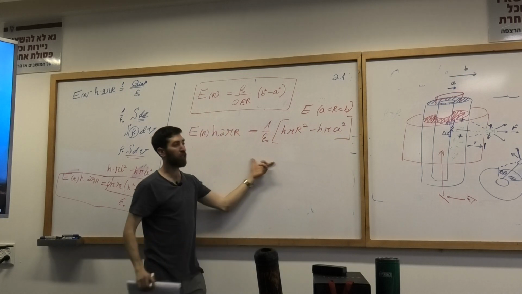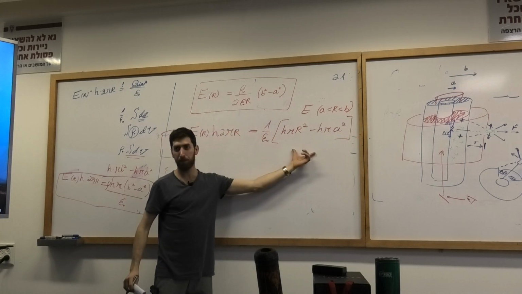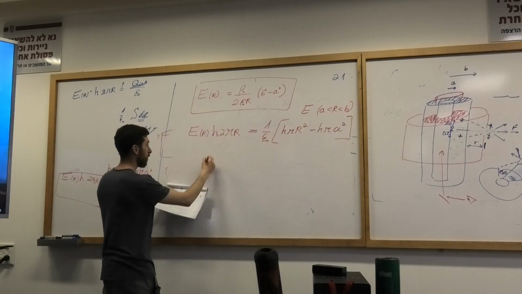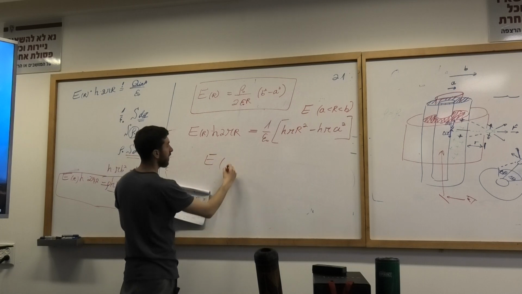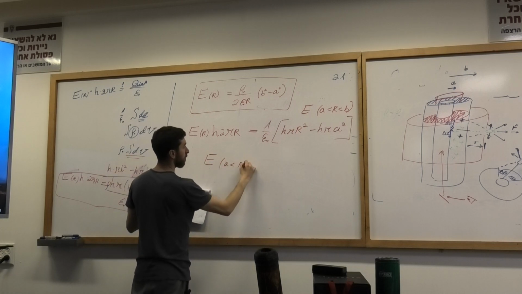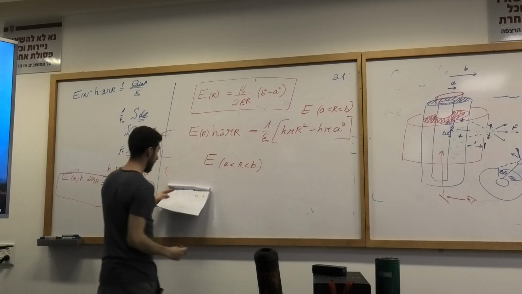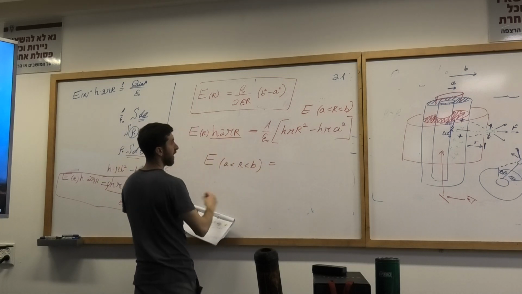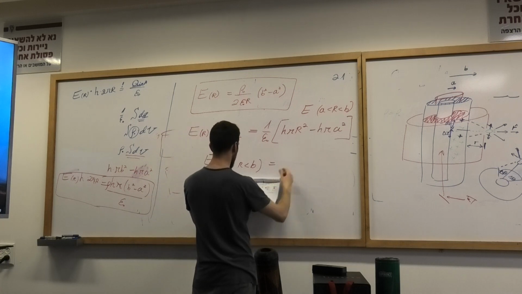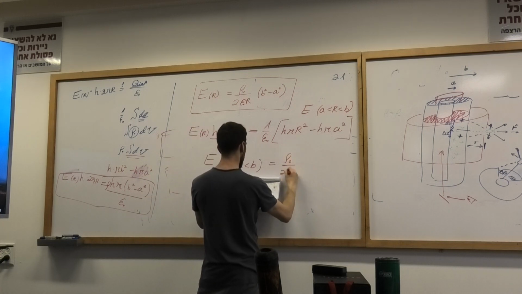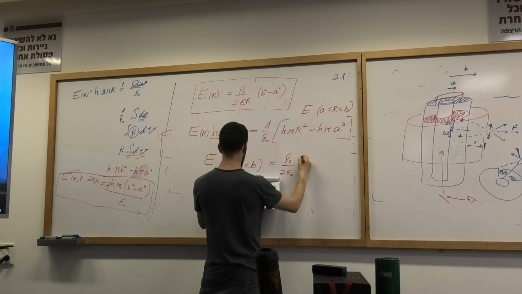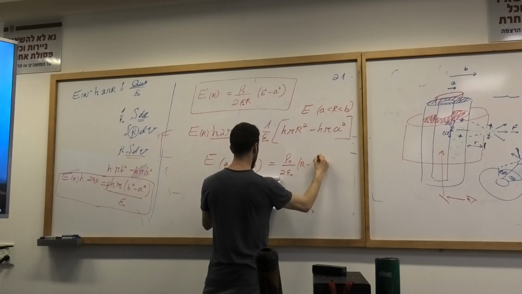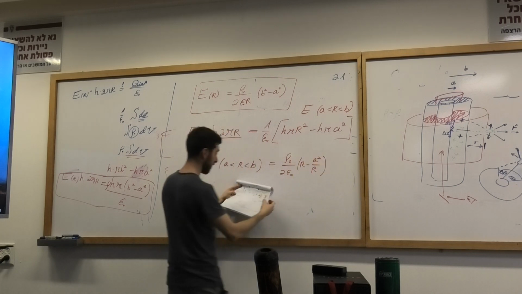This is the only thing that has changed. Understood? Good. So if E is for R between a and b, I'm going to divide by that and end up with rho over 2 epsilon times (R squared minus a squared) divided by R.